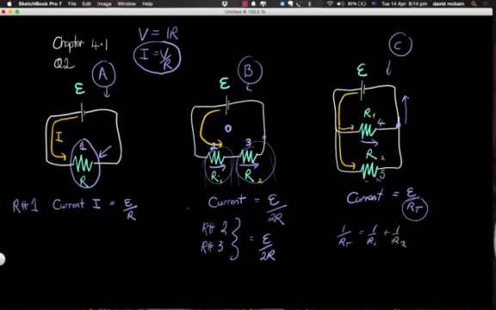Now remember, the resistors are the same, so R1 is the same as R2. So I can rewrite that as simply 1 over R1 plus 1 over R1 again. So it's like a third plus another third, which is 2/3. So that actually equals 2 over R1.